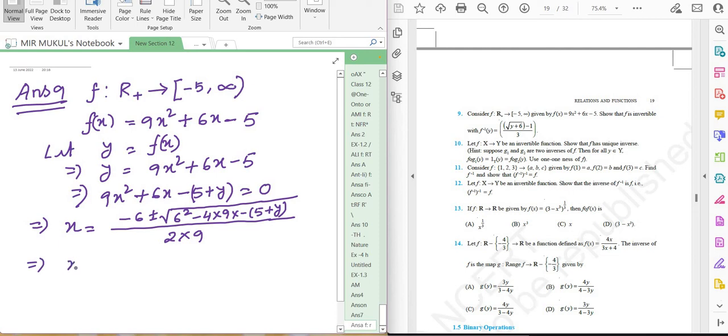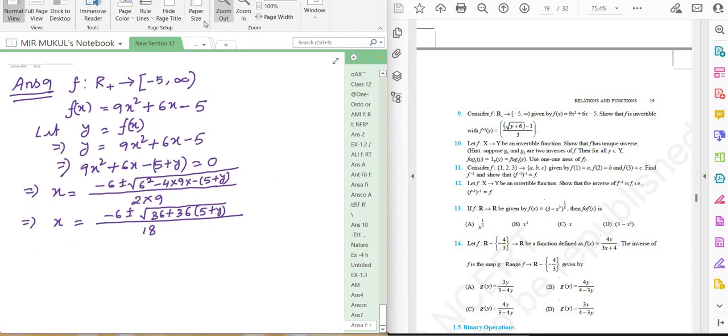So x equals minus 6 plus minus root over 36 plus, here also 36, into (5 plus y), upon 18.